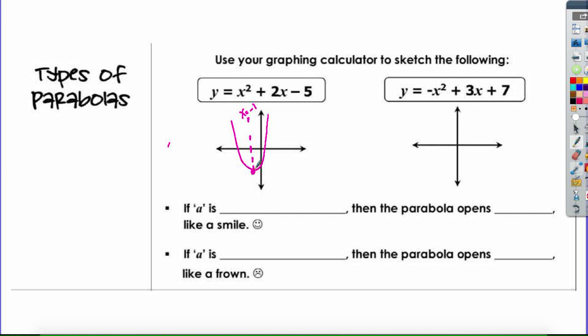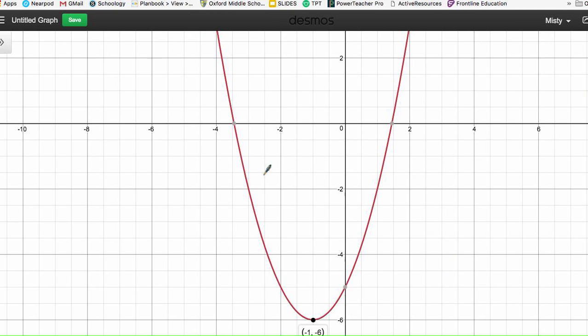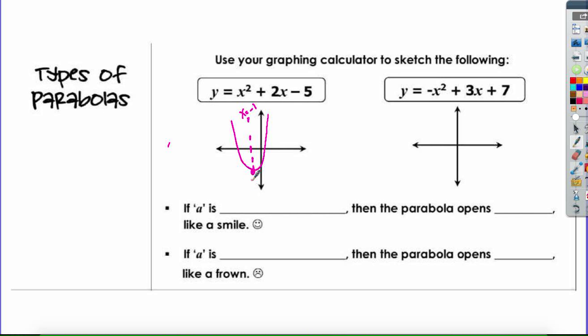And then the vertex here is at the point -1, -6. But we're always going to need to remember to put our little arrows on the ends, because just like a line continues on both ends unless told otherwise, so does a parabola. It will continue to go up. Alright, I didn't do a very good job of making it symmetrical, but do your best. It does need to match on both sides.